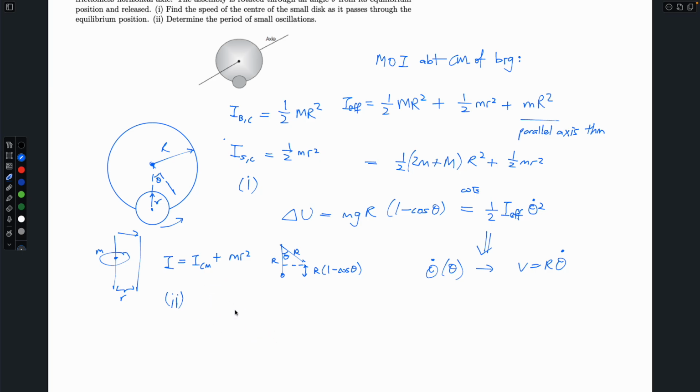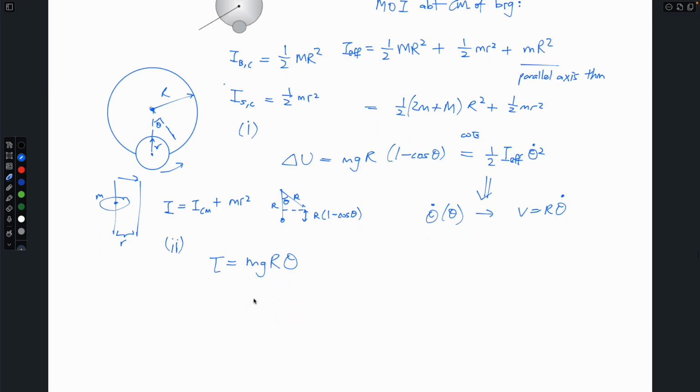So the torque is equal to m times g times theta. The reason why it's theta over here is because we use a small angle approximation. Technically speaking, the torque is down like this. And then if this is the angle theta, then this is theta.